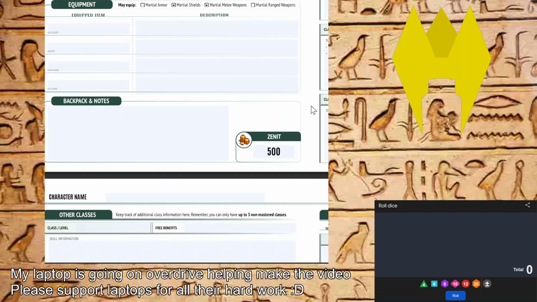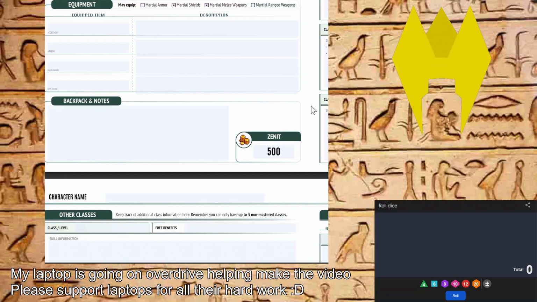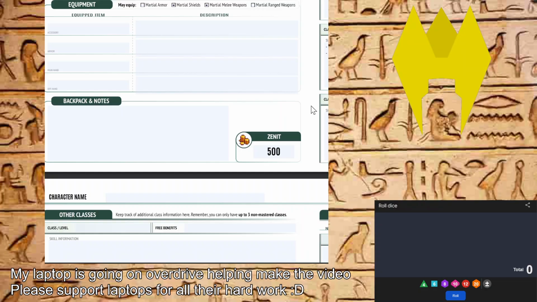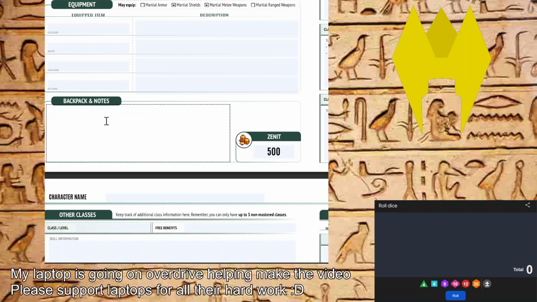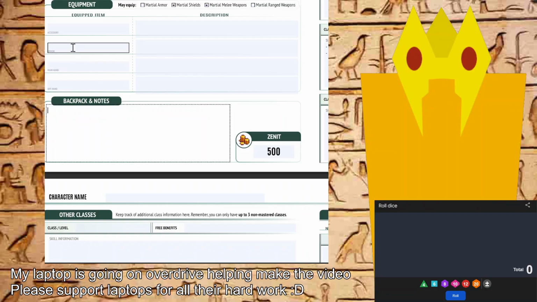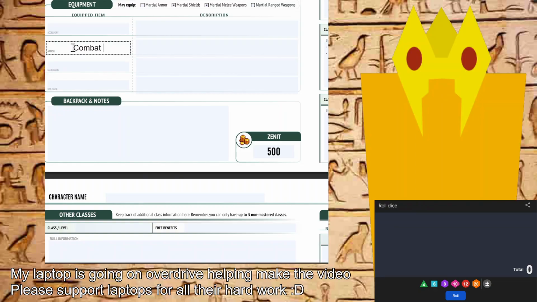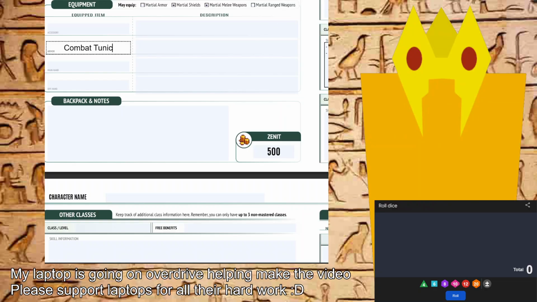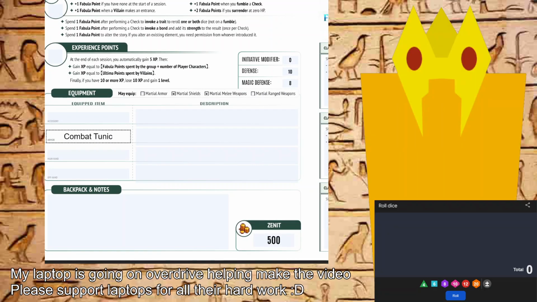Yes, this is tricky because we only have 500 zenith, right? So what I'm thinking is a combat tunic for 150 zenith. And we'll put them on ourselves right now for armor. Combat tunic, which in our case isn't a martial armor, which helps.